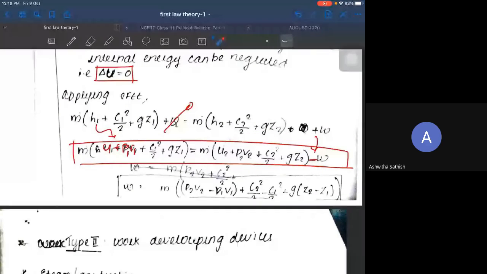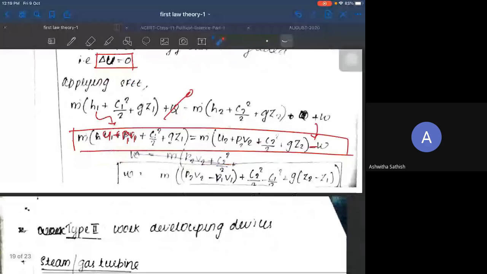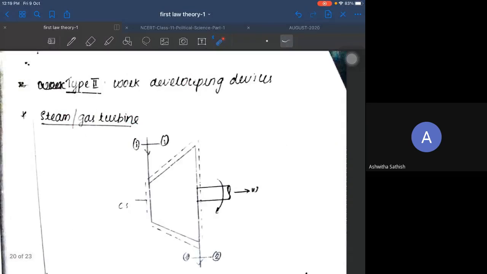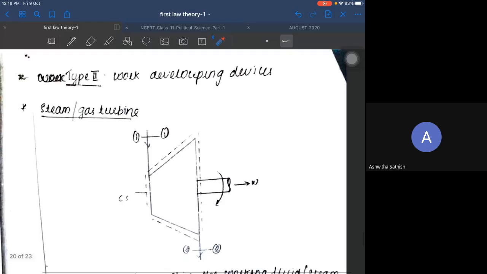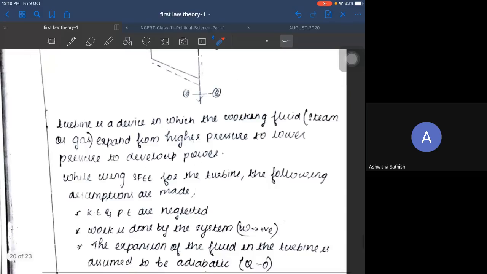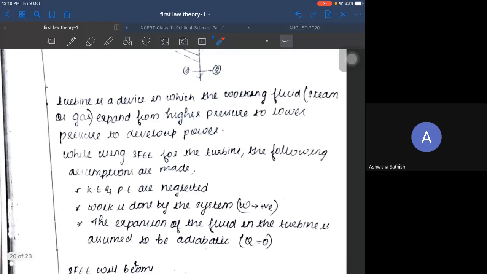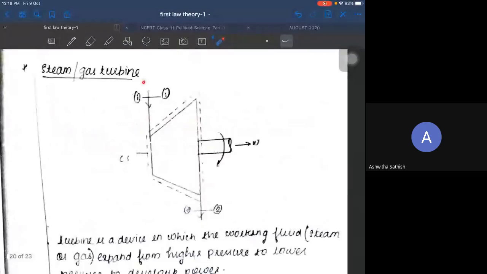Now, we shall move to the work developing devices. The gas turbine would be very similar to the gas compressor. A turbine is a device working on a fluid stream, where a gas expands from a higher pressure to a lower pressure to develop power. So what happens in a turbine? You supply a fluid at a higher pressure, and there is a turbine inside.